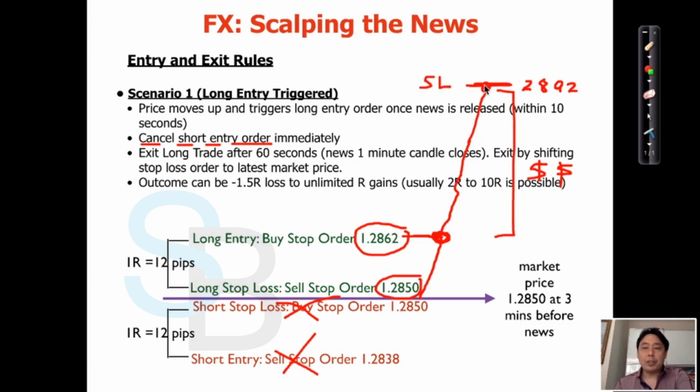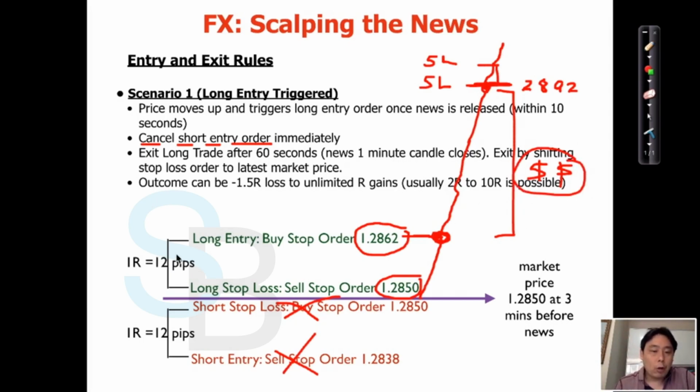So the moment I shift my stop loss there, what happens? Well, if the price keeps running up, then all the better. I'm making more money, and then I could shift my stop loss even higher. So as the price moves up, I keep shifting my stop loss up until my stop loss gets hit and I'm out. Now, if the moment I shift my stop loss to 2892, for example, it hits the stop loss, I'm fine with that because I would already have locked in my profits at this stage.